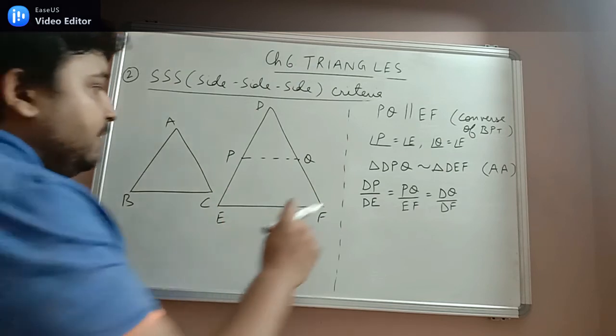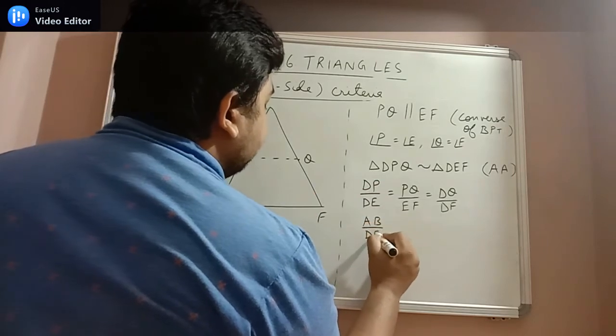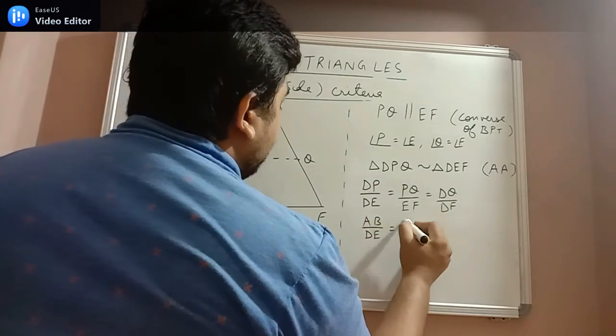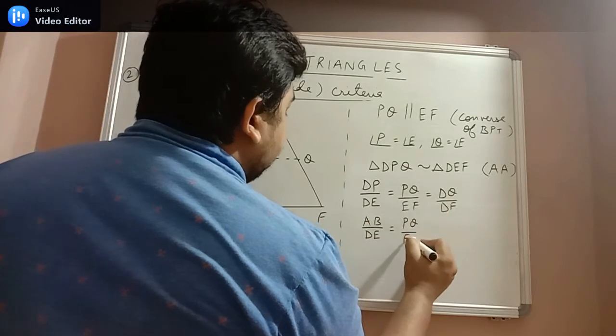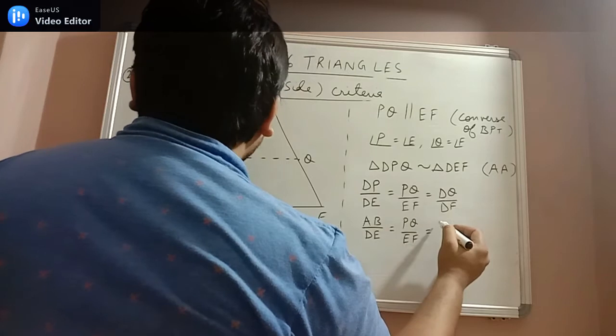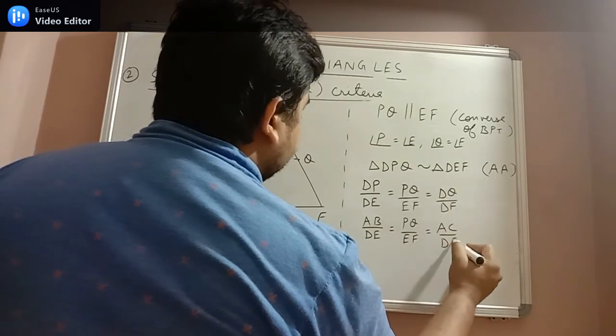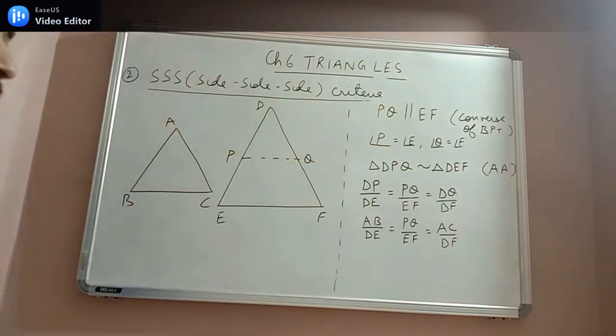Now instead of DP I can write down AB. So AB upon DE equal to PQ upon EF equals to, instead of DQ I can write down AC upon DF.